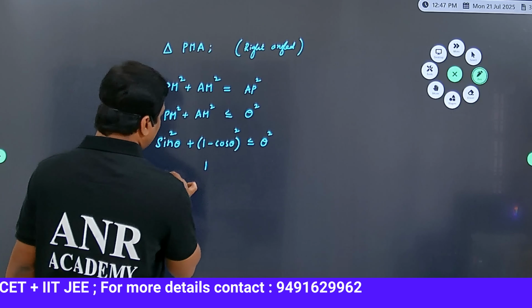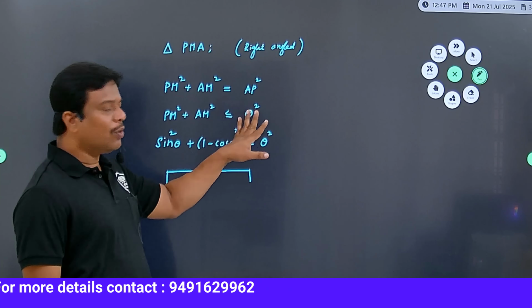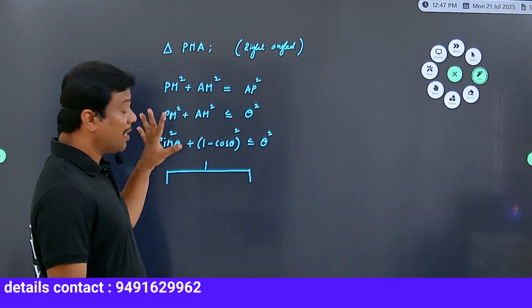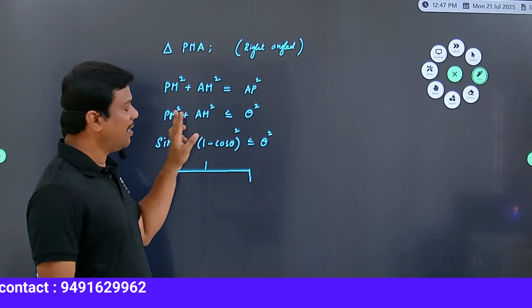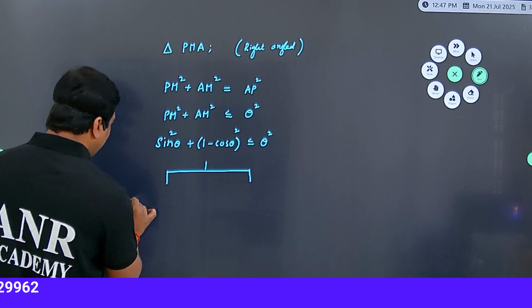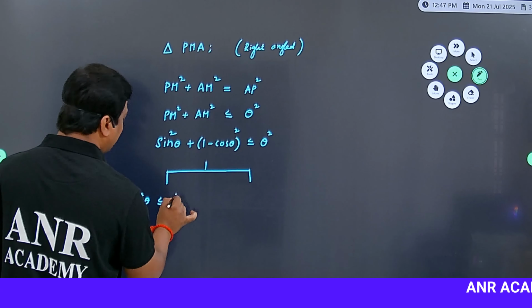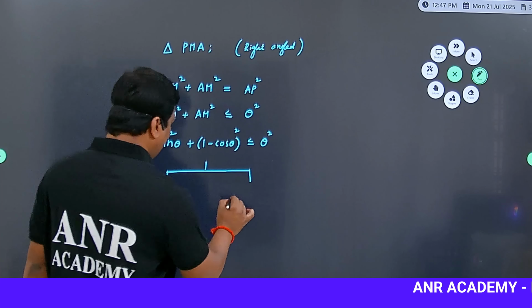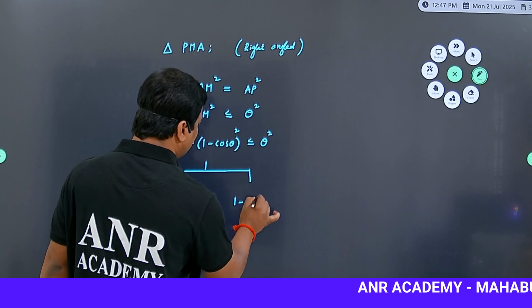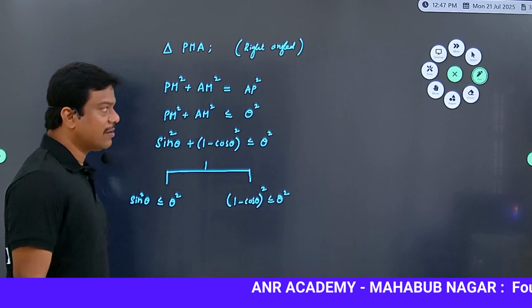And from this I can write already theta square, which is more compared to the combination of sin square theta and 1 minus cos theta whole square. If I write only sin square theta, that is also less than or equal to theta square. And if I write 1 minus cos theta whole square, that is also less than or equal to theta square.